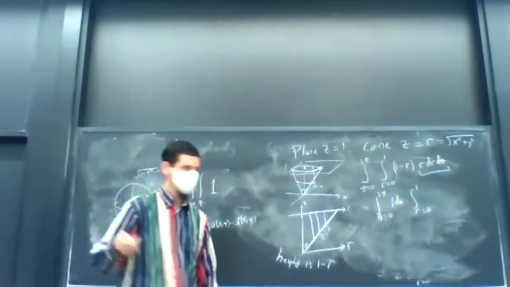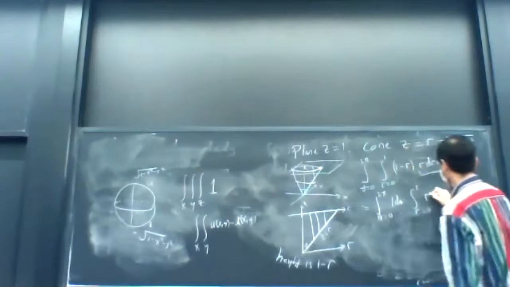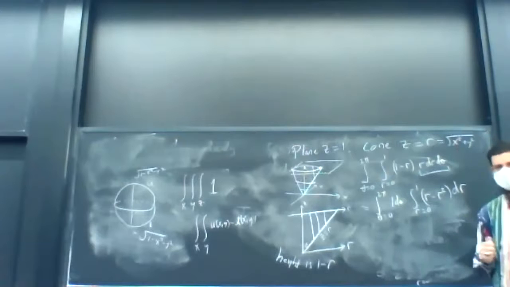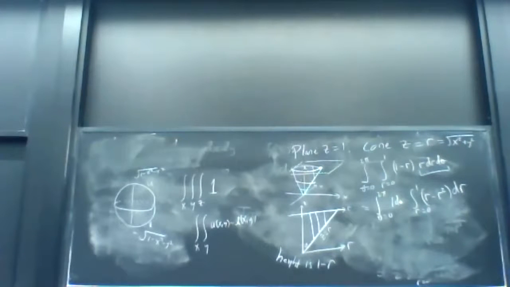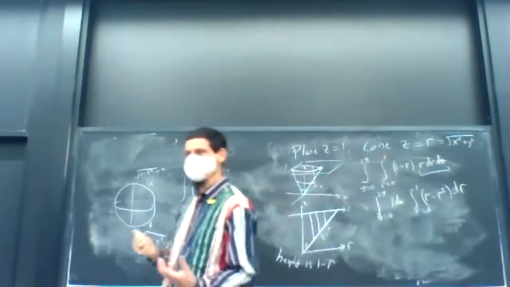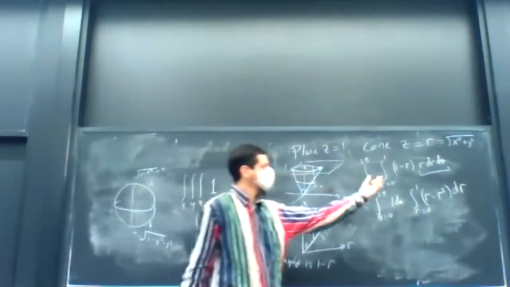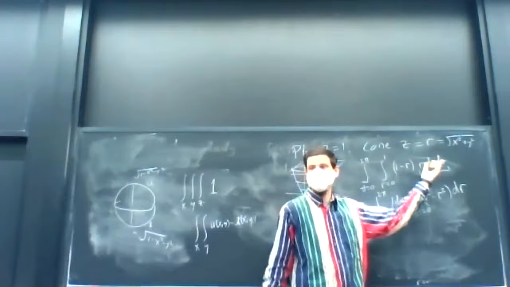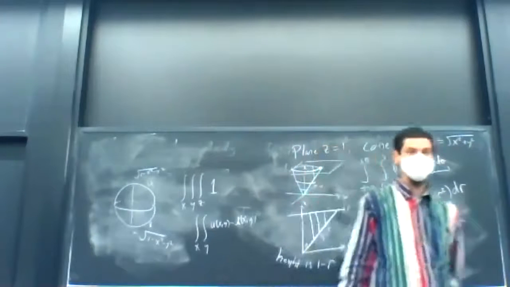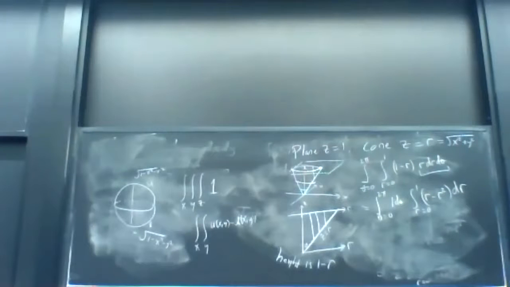We don't want to keep it as 1 minus r times r because that's a product. By simplifying it like this and writing it as r minus r squared, that's going to be a lot easier to integrate.